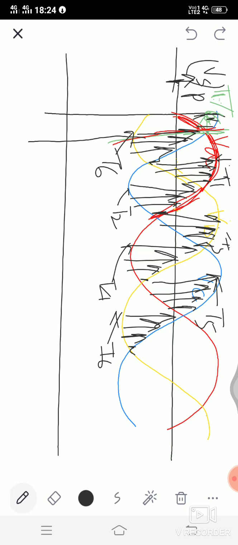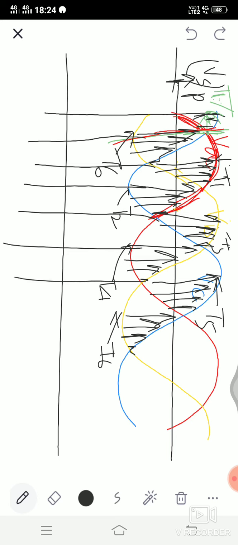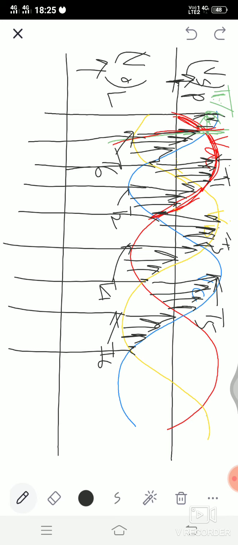So give an extension like this. Okay, so this shows V0 line. V0 line means output voltage, the line value of output voltage.